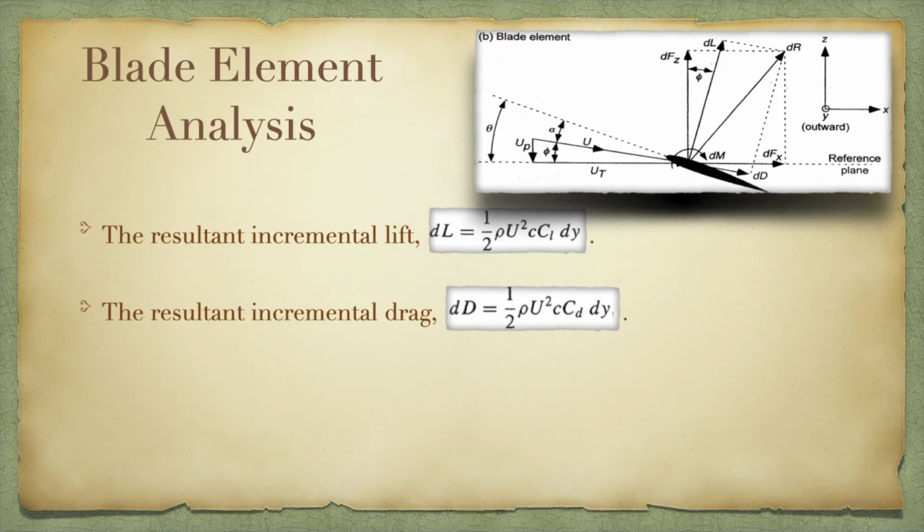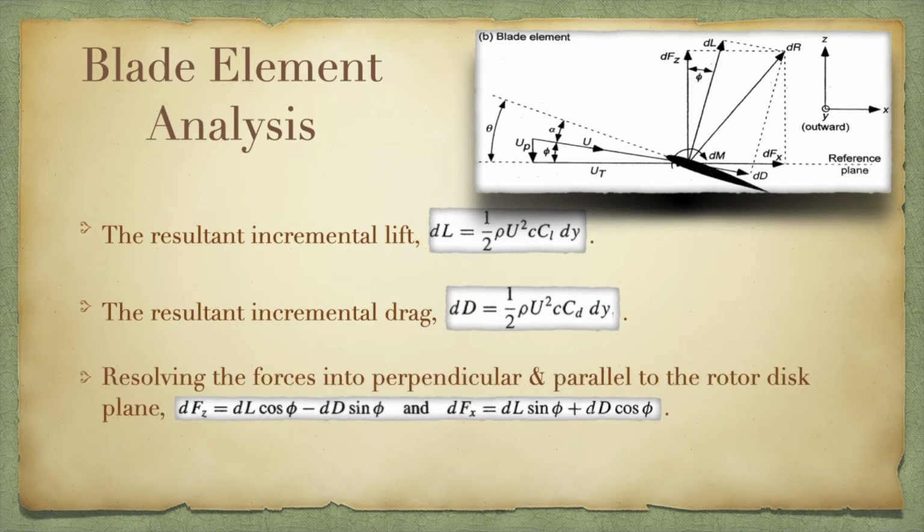The forces can be resolved perpendicular and parallel to the rotor disc, giving dFz equal to dL cos phi minus dD sin phi, and dFx equal to dL sin phi plus dD cos phi.